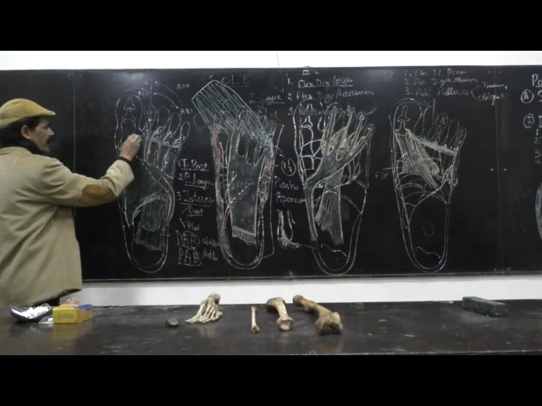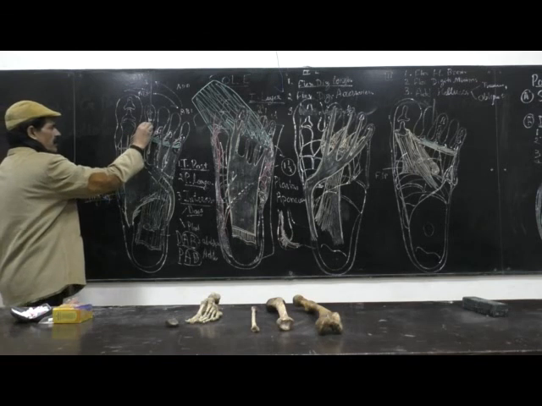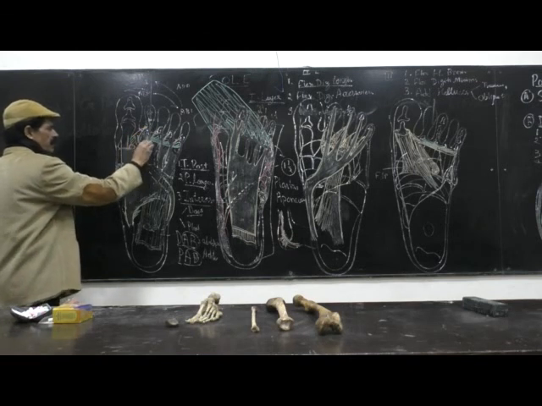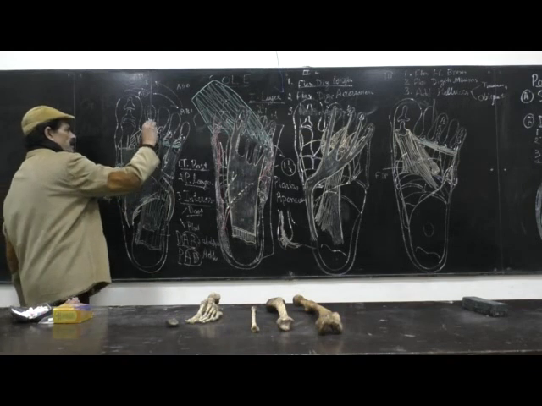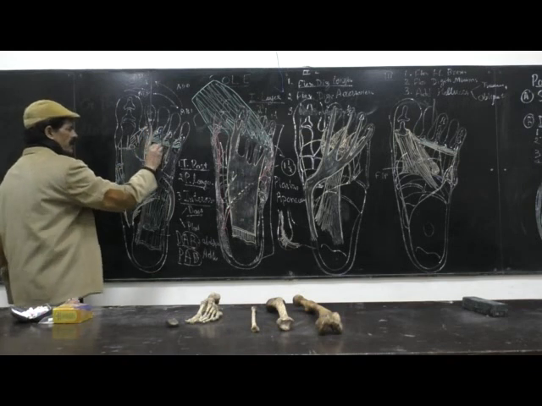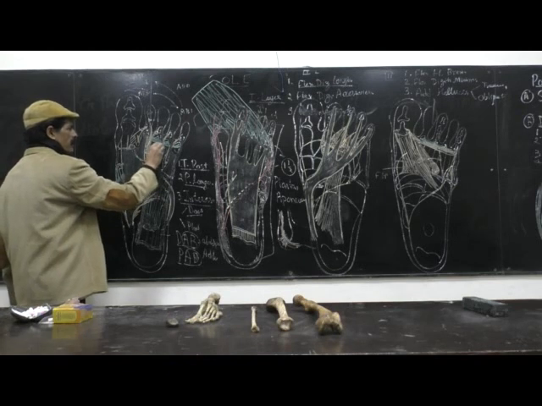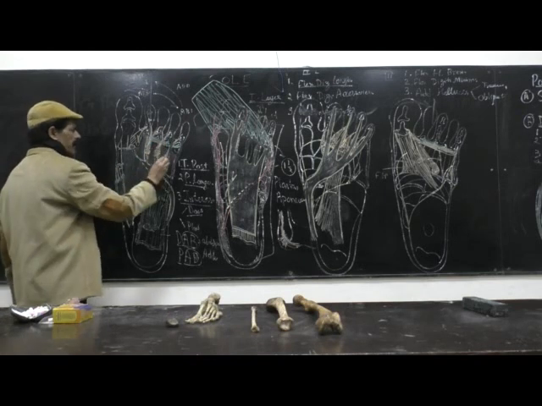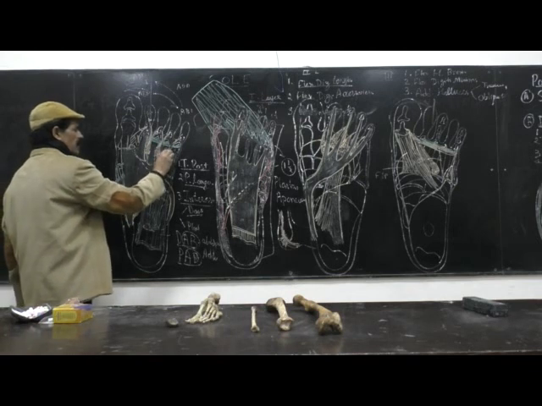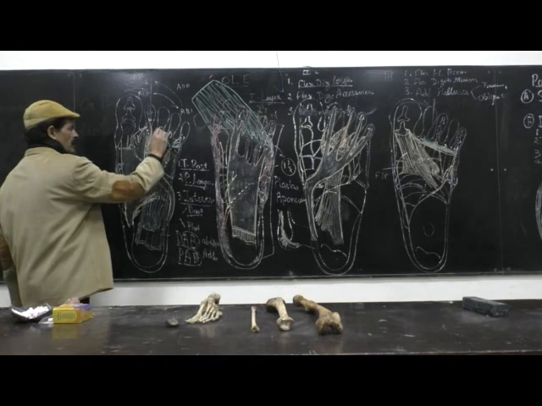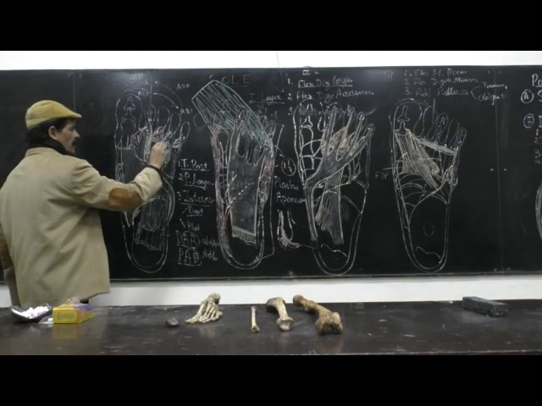So they are bipinnate, the dorsal ones. One is inserted over the medial aspect. This is the second dorsal interosseous. It is inserted over the lateral part. Then this is the third. It is inserted over the lateral part. And this is the fourth dorsal interosseous. It is inserted over the lateral aspect.